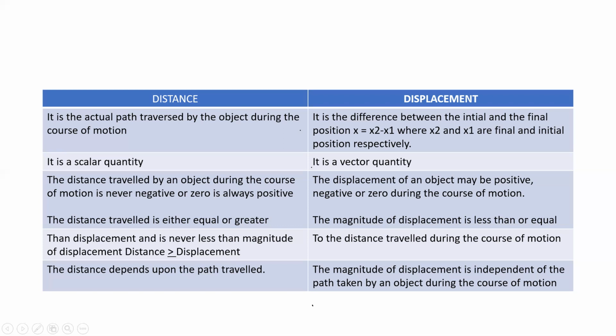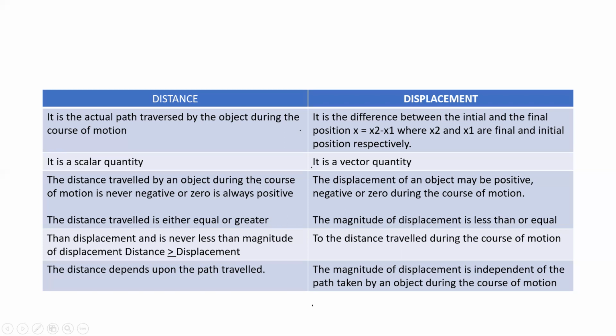The distance traveled is either equal to or greater than the displacement. Vice versa, the magnitude of displacement is less than or equal to the distance.